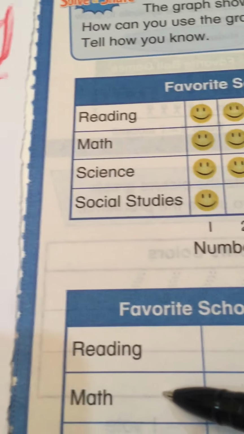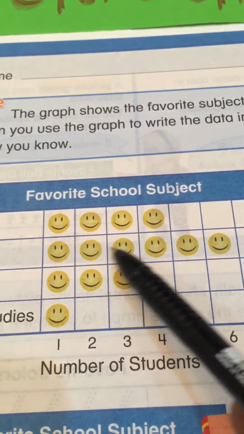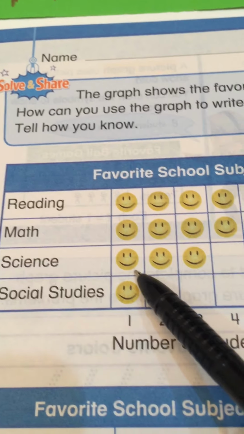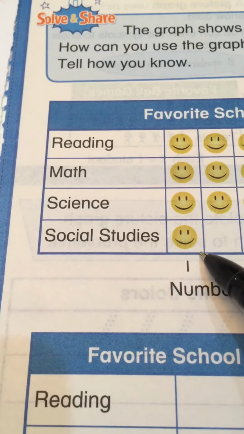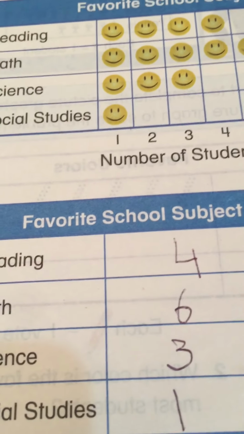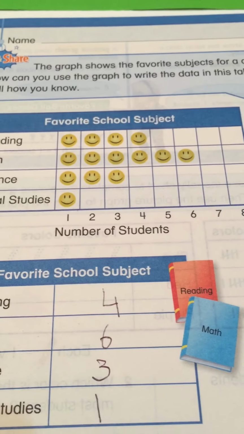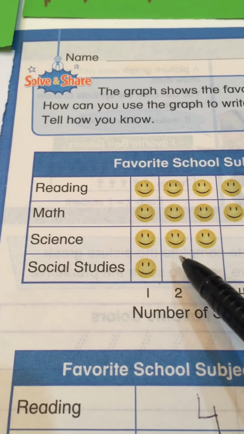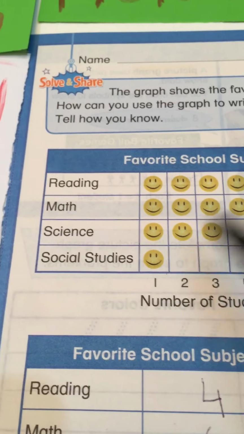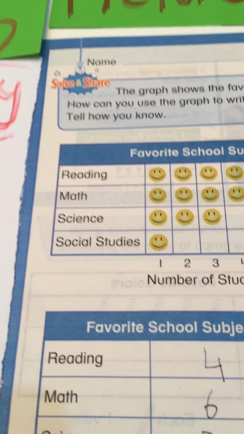And how many like math? 1, 2, 3, 4, 5, 6. Then we will put 6 over here. How many like science? 1, 2, 3. So we'll put 3 for science and 1 for social studies. So this is all about the picture graph. We are using pictures to show our data in the table or on the graph.